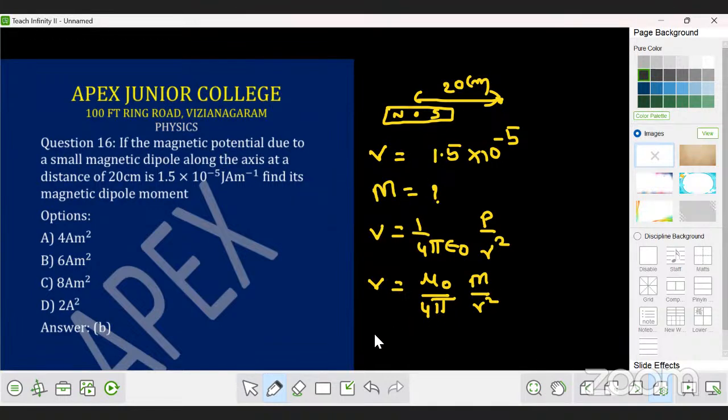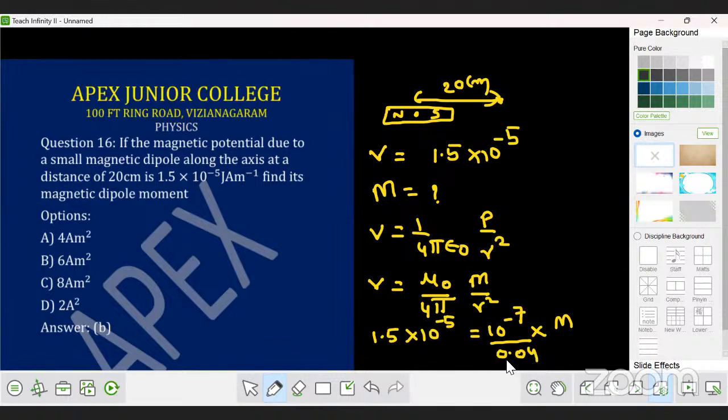By substituting the given values, you will get that. Potential value 1.5 into 10 power minus 5. Mu naught value is 4 pi into 10 power minus 7. Then 4 pi and 4 pi get cancelled, and you will have only 10 power minus 7. M value we don't know. And this distance square: the distance is 20 centimeters, but you have to write in SI units, that is 0.2. 0.2 square will be 0.04.